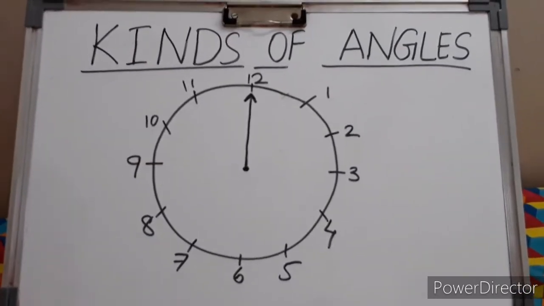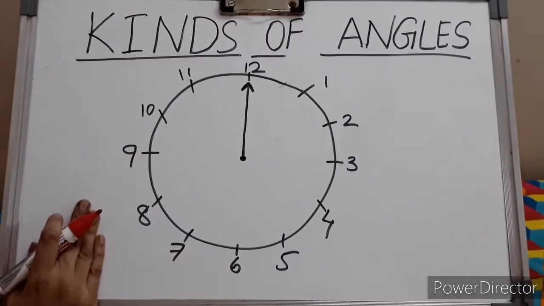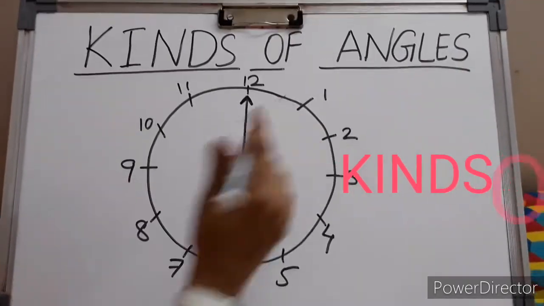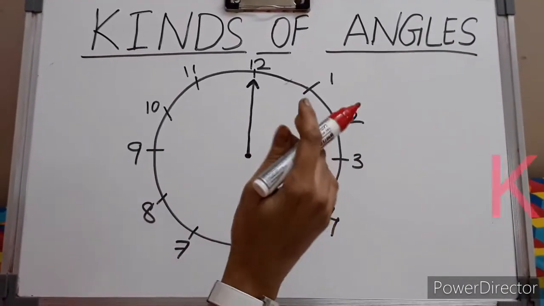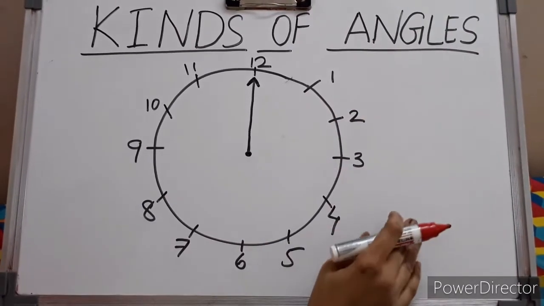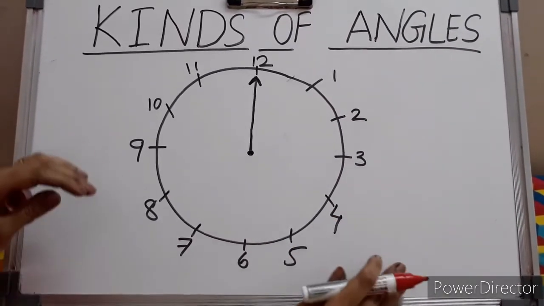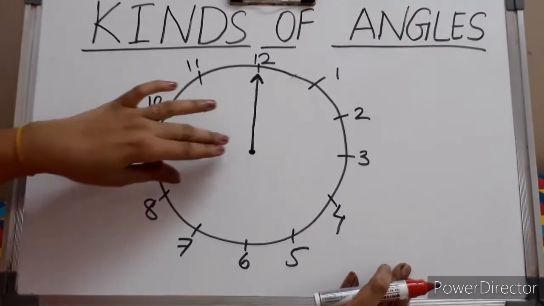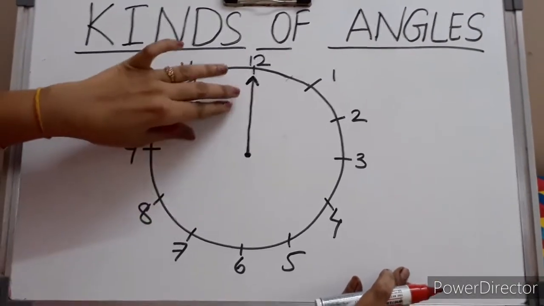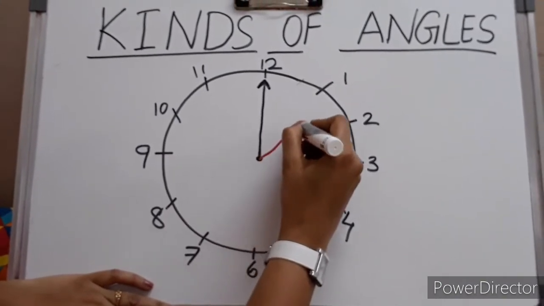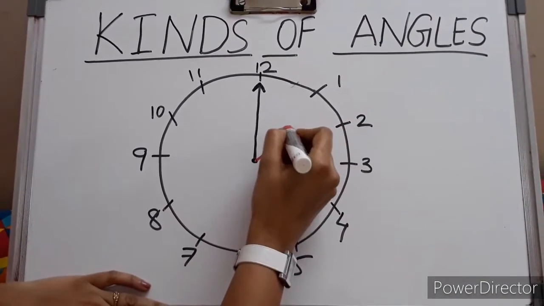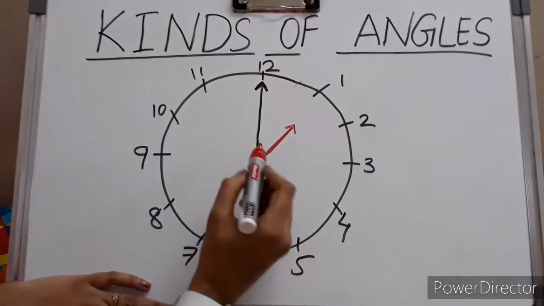Now we will understand better with this clock. See, whenever our hour hand changes with the minute hand, there is always an angle which is formed, but we never observe it. So let's start here. Suppose our minute hand is on 12 and our hour hand is on 1. So what is the angle formed here?